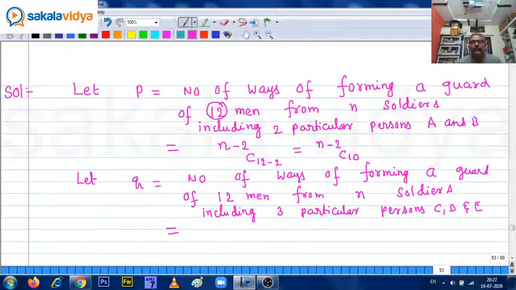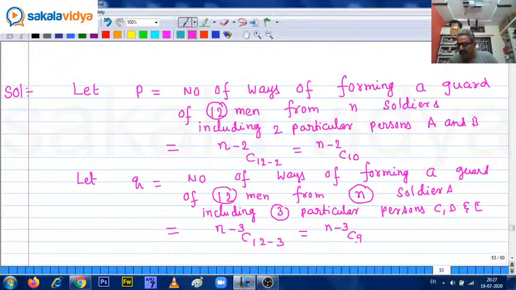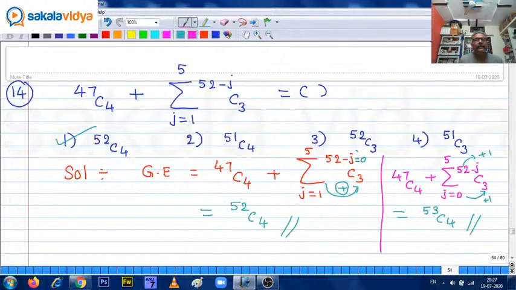So this we can write now. This is the n value, this is the r value, this will be the p value. So n minus p, that means n minus 3, C 12 minus 3. You get n minus 3 C 9. Right, next, what is given according to the problem?